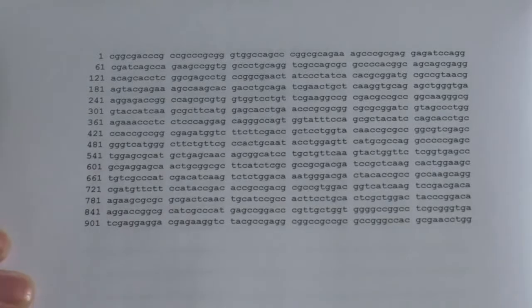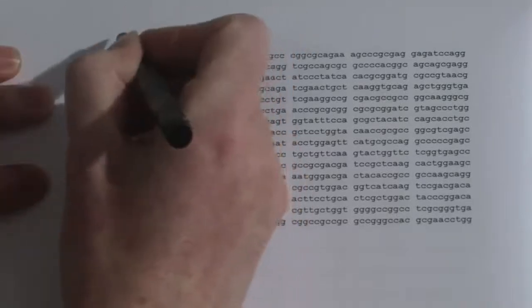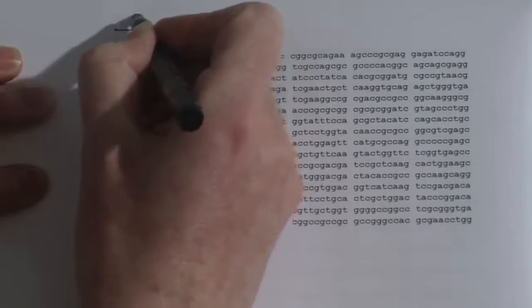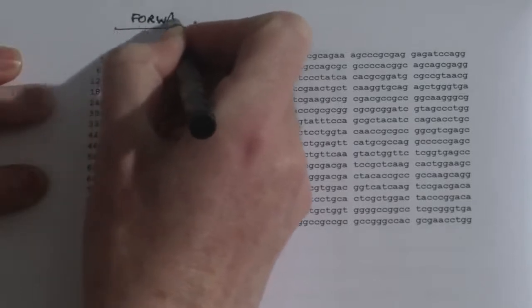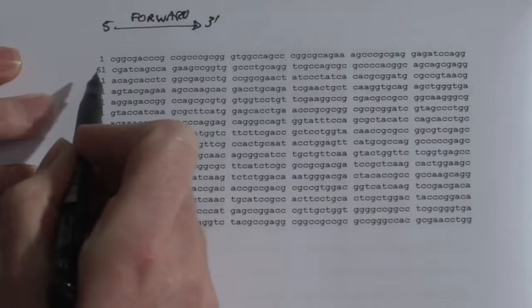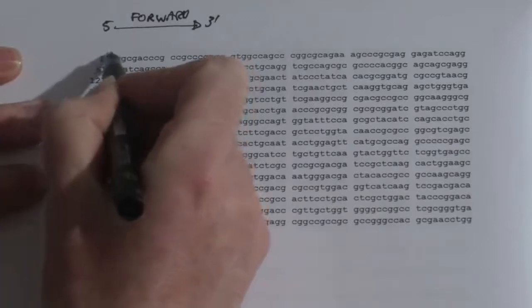So we're presented again with another sequence of DNA, and we've only been shown the upper strand of a double-stranded section of DNA. And again, we're looking to design a pair of primers, each primer being about 20 nucleotides in length. I know that my forward primer must be up here and running in this direction, 5' to 3', and my forward primer is straightforward.